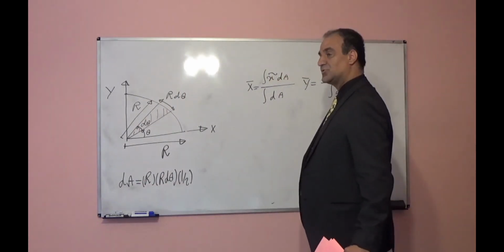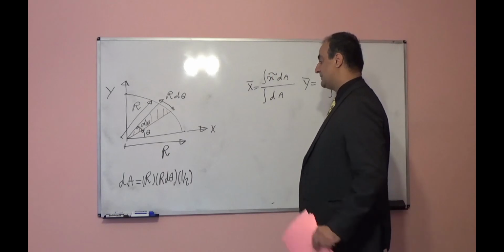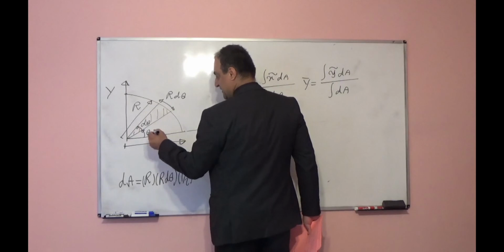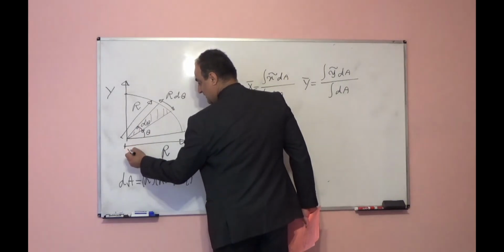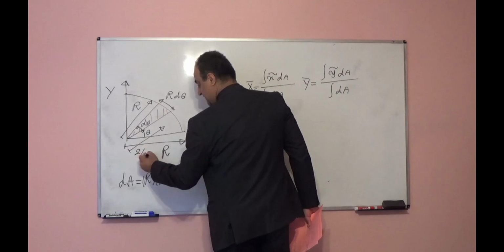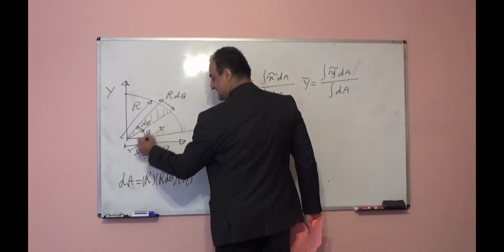Where is the centroid for this element? The centroid for this triangle shape will be 2 over 3 r in this direction.